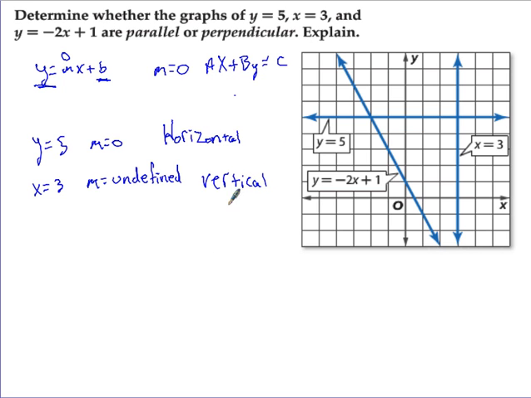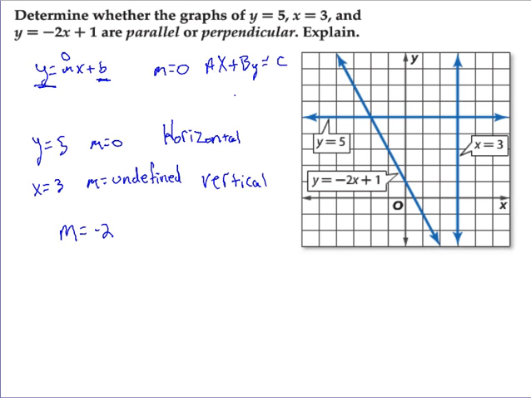So a horizontal and a vertical line by definition are perpendicular lines. They have opposite reciprocal slopes. And then we also have this line, y equals negative 2x plus 1. And so negative 2x plus 1 has a slope of negative 2, which is obviously neither parallel nor perpendicular to either of the other two lines.